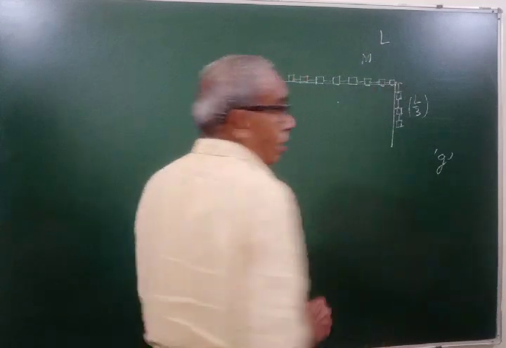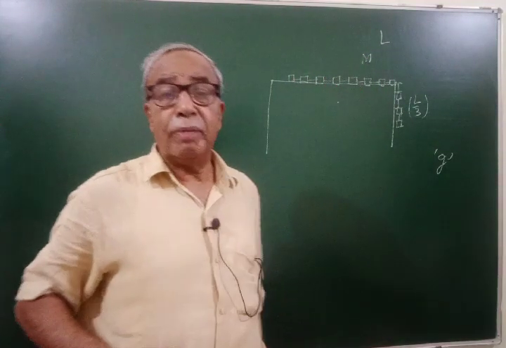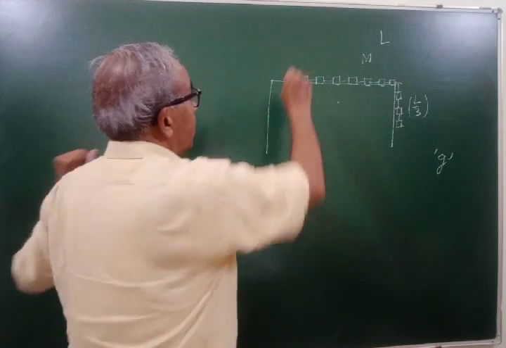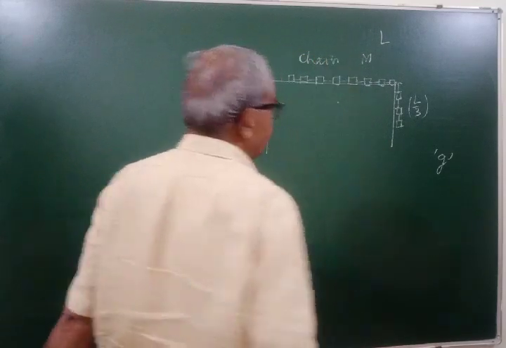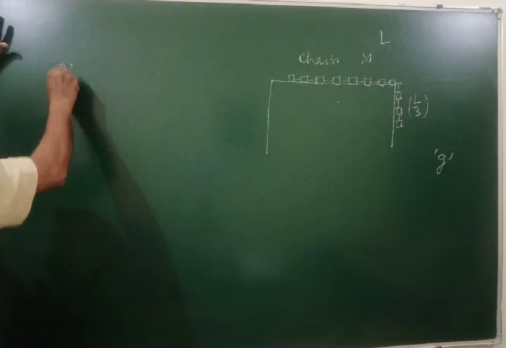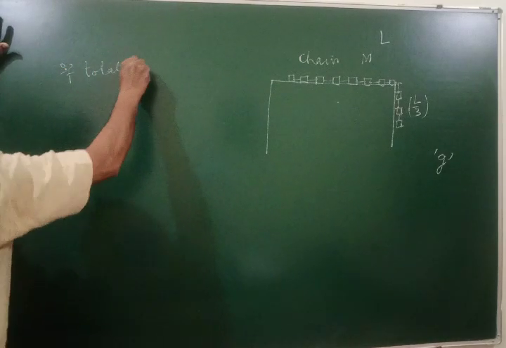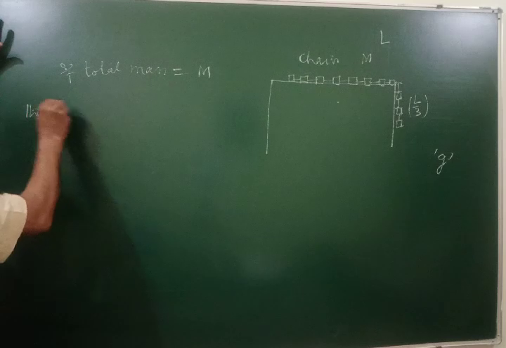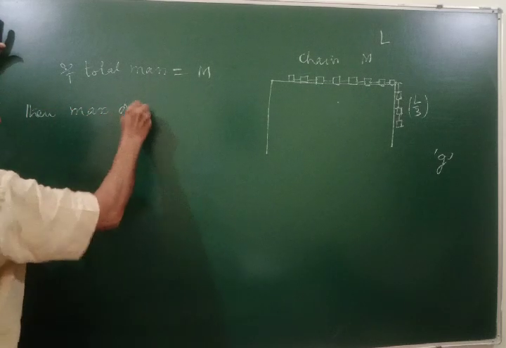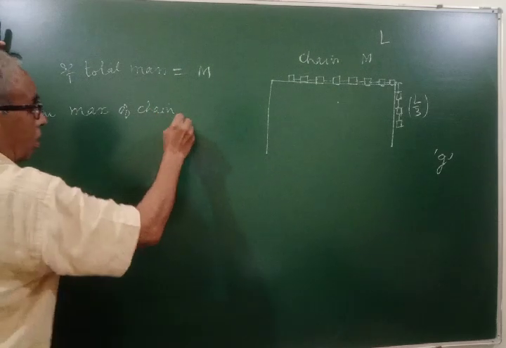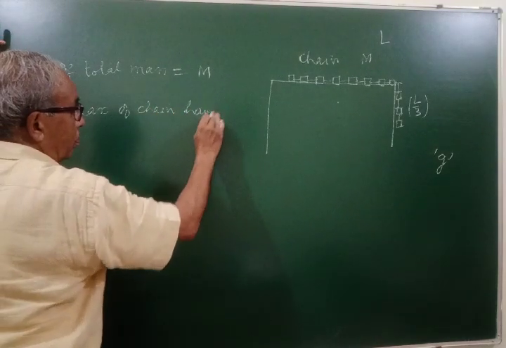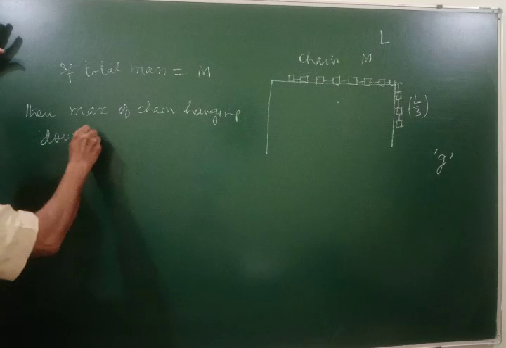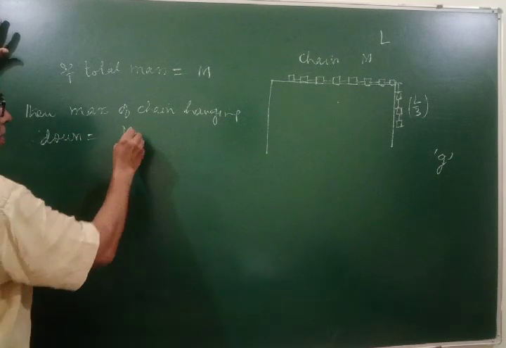Total mass of the chain be M. So if total mass equals capital M, then mass of chain hanging down equals M by 3.